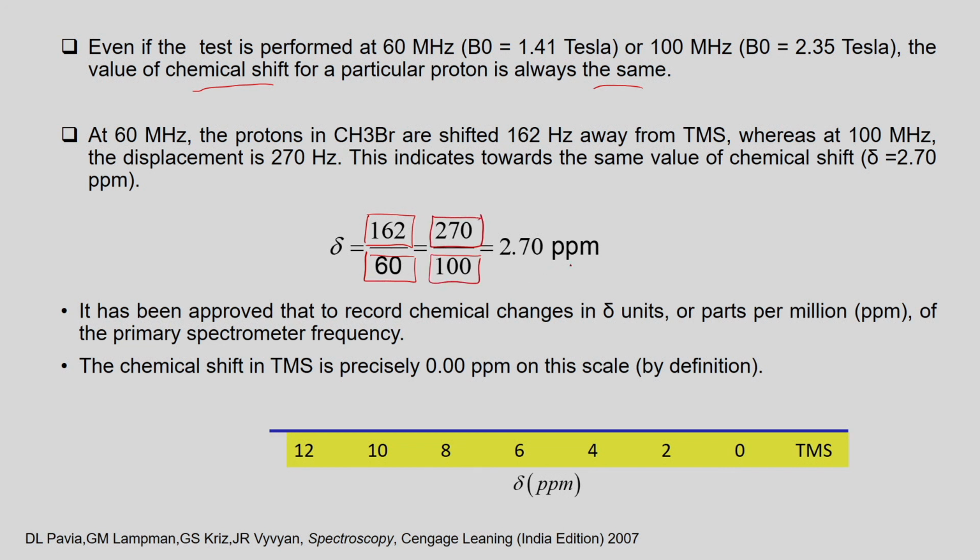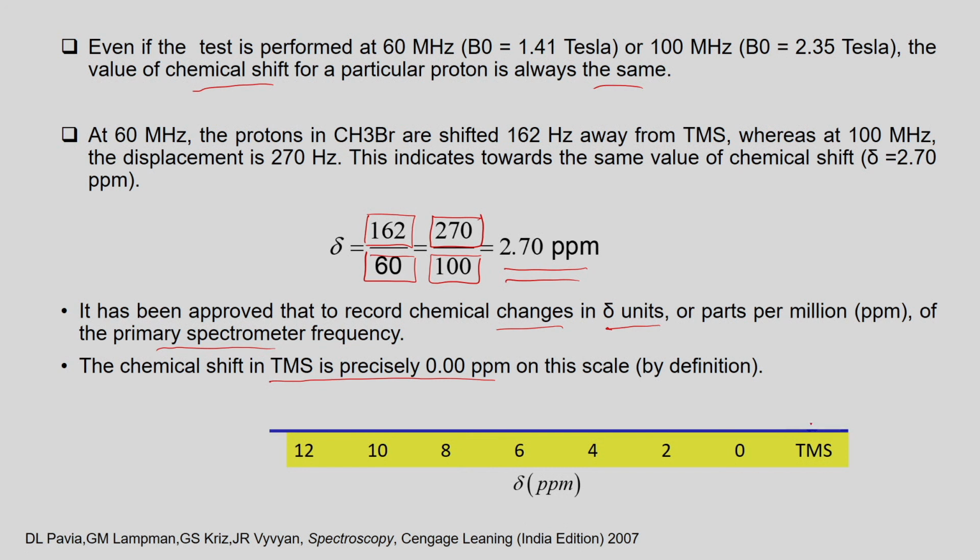Divide them, and you get a uniform answer, that is 2.70 ppm. This you should clearly observe to see what we mean by chemical shifts, parts per million. So, it has been agreed that to record chemical shifts in these units, parts per million, we use the primary spectrometer frequency. For TMS it is 0.00 ppm.